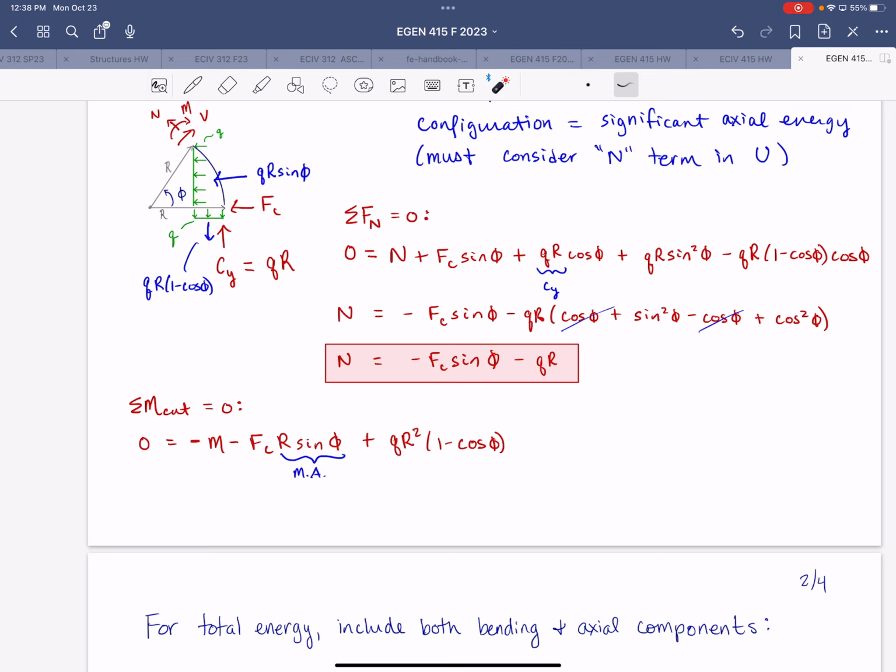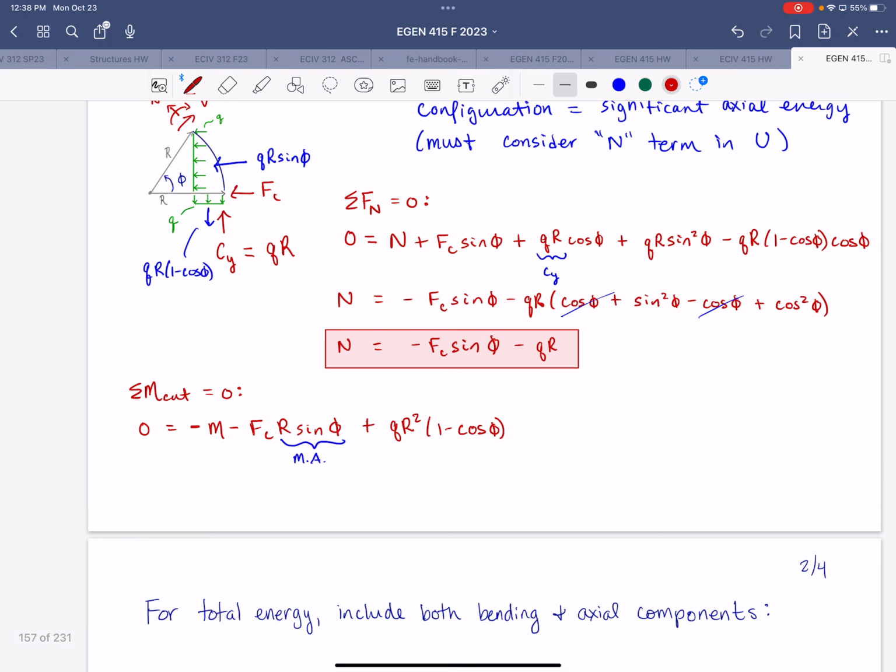Oh no, sorry, this term is for the CY, right, which is QR, and then the moment arm for this vertical force to this point is going to be R times 1 minus cosine phi, which is that distance.